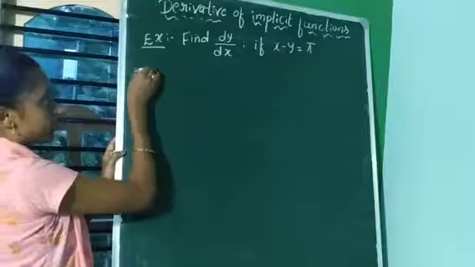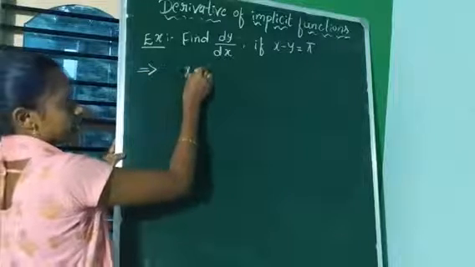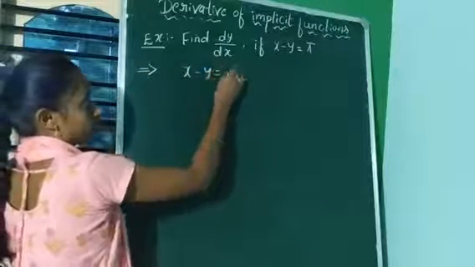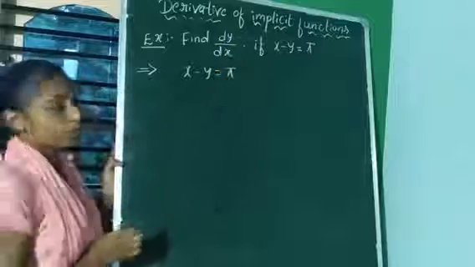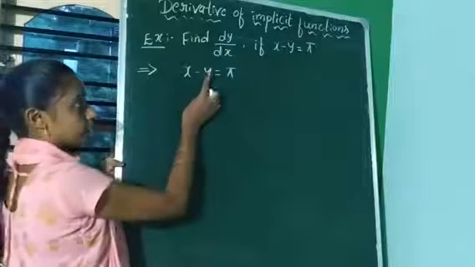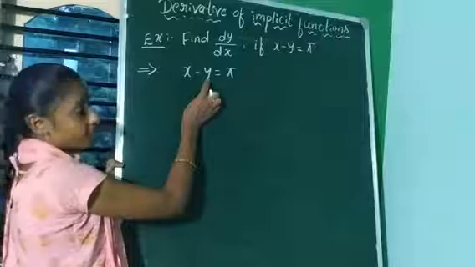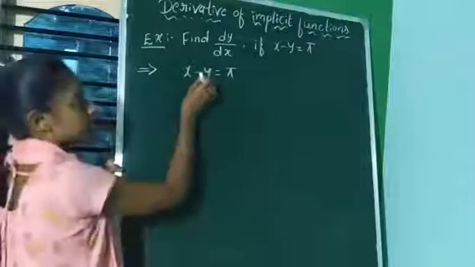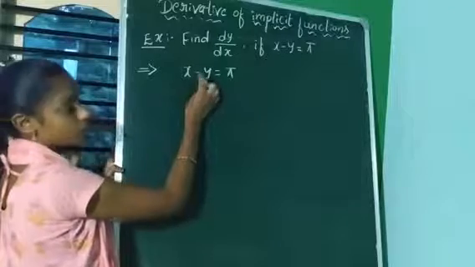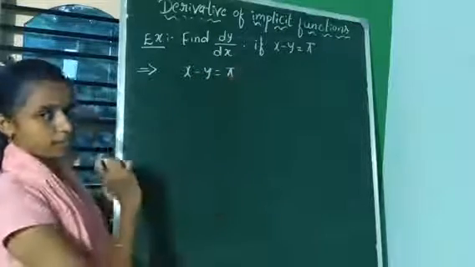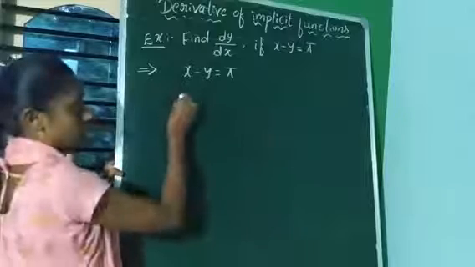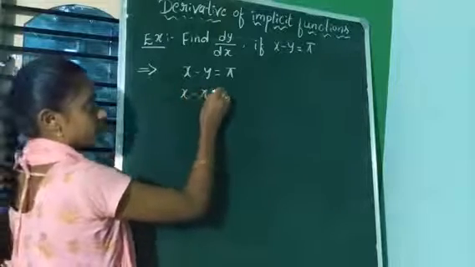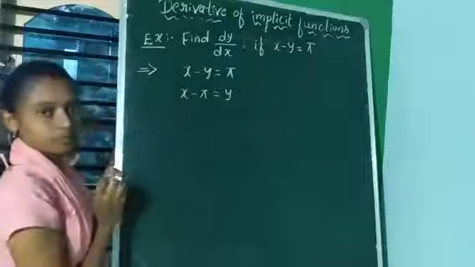Consider the function x minus y is equal to pi. We need to find dy by dx, that is, differentiate y with respect to x. So I rewrite this equation: here y has a negative sign, so I take it to the other side, and it will be a plus. So x minus pi is equal to y.